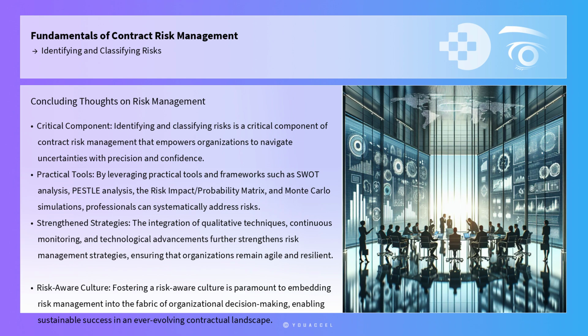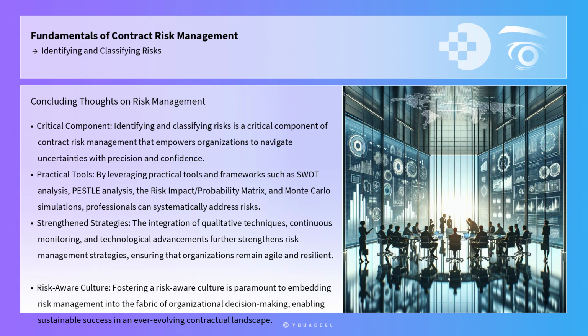To conclude, identifying and classifying risks is a critical component of contract risk management that empowers organizations to navigate uncertainties with precision and confidence. By leveraging practical tools and frameworks such as SWOT analysis, PESTLE analysis, the Risk Impact Probability Matrix, and Monte Carlo simulations, professionals can systematically address risks and enhance their proficiency in mitigating them.